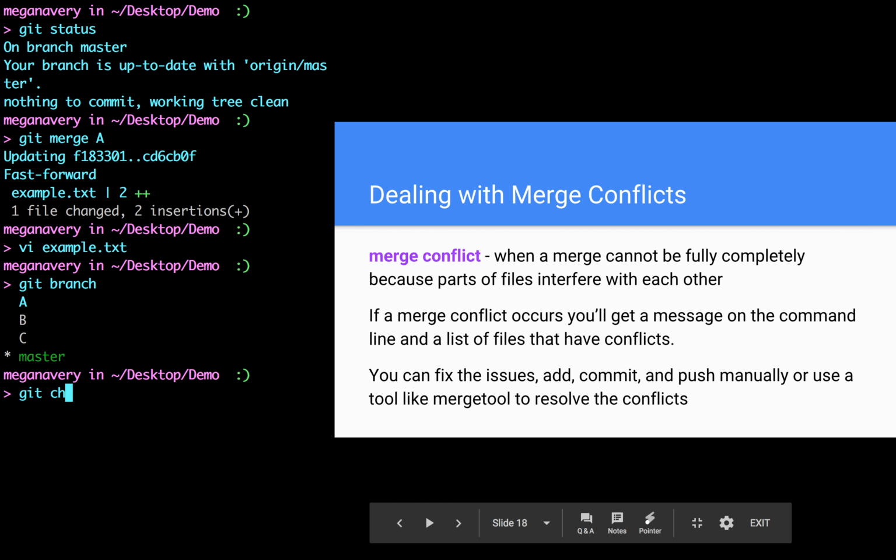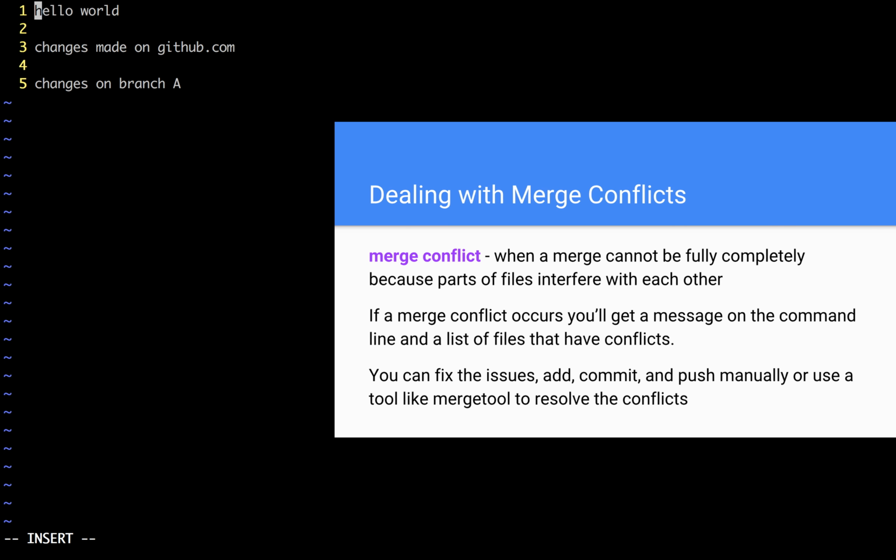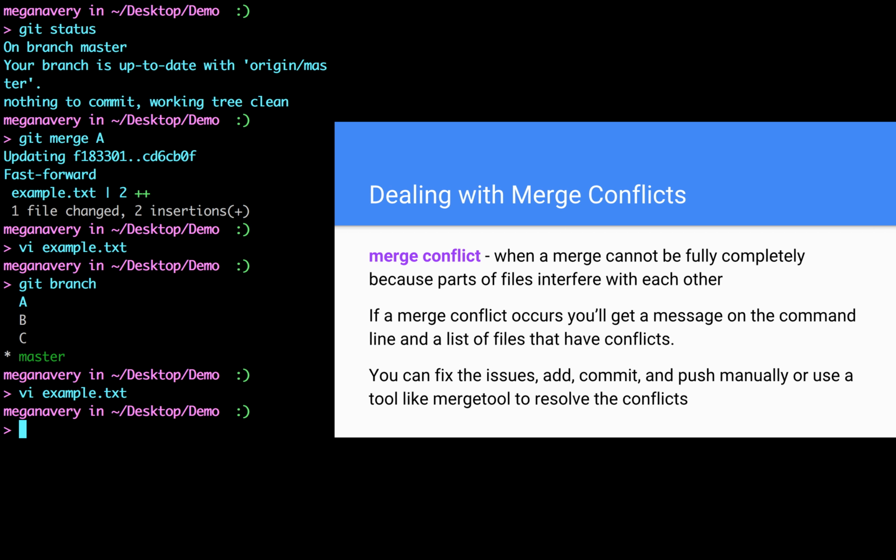So for instance, I'm going to open up example.txt here, and I'm going to remove the word branch here, and git add and git commit it, so that lets me switch branches. I'm going to say removing word branch.